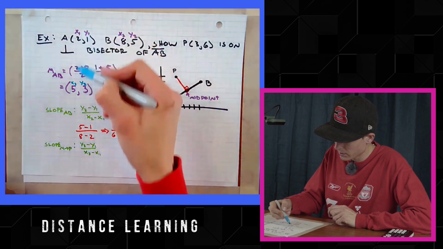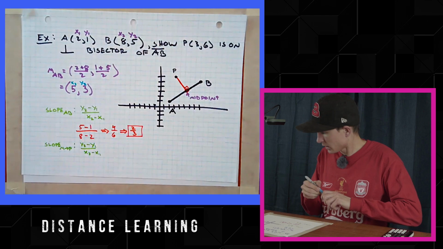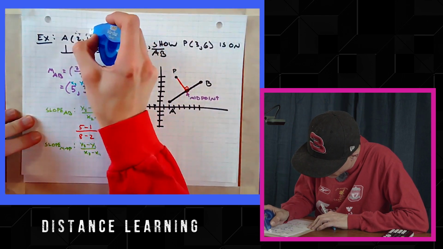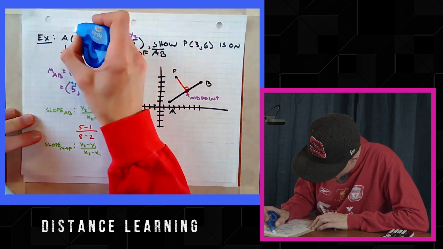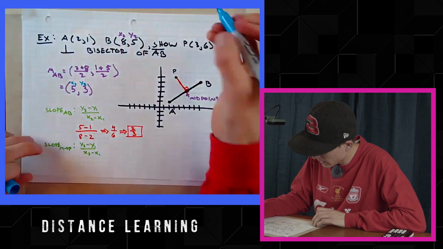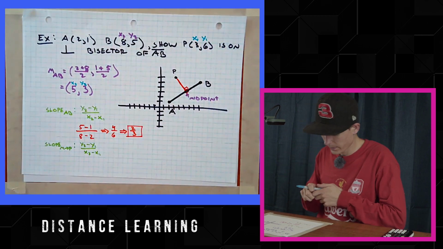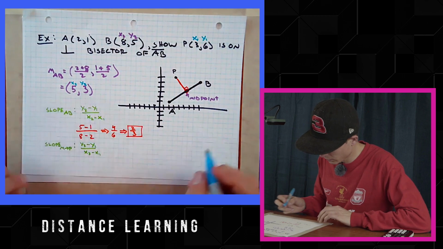Okay, because we're using these 2 points now. Oh, I messed that up. We're using P. P will be x1, y1. And then x2, y2.